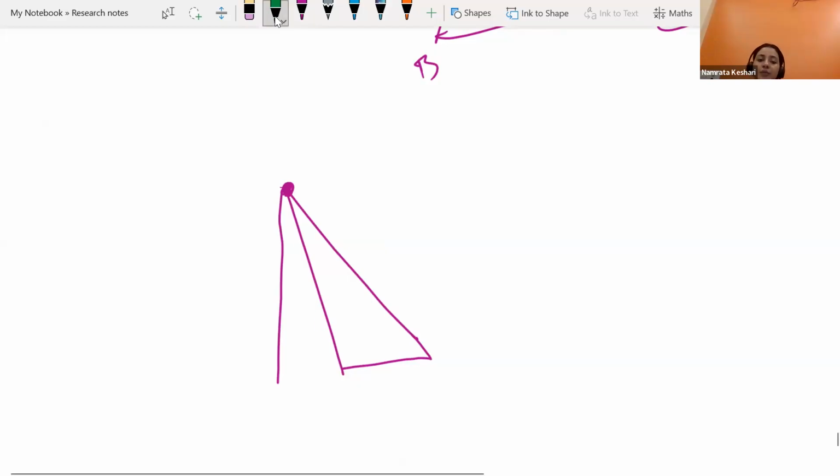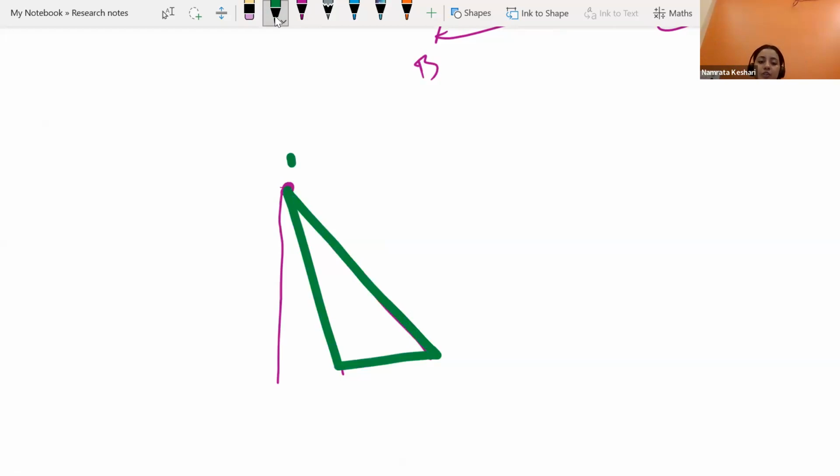In this green color triangle, let's call it PQR, we are trying to drop the perpendicular, to make an altitude. Let's say this altitude is PM. But when we try dropping it, all of a sudden we notice that it is lying outside the triangle, and it is completely fine. This type of scenario exists.